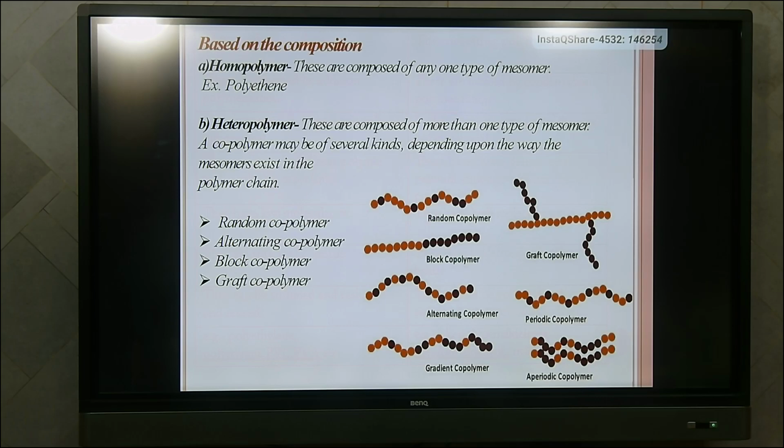Going to the copolymer, in other words heteropolymer, the monomer is different from one monomer to the other, and the two or three monomers can be arranged in a uniform format, that is A and B monomers, in whatever arrangement it can be. It is diagrammatically represented here. It can be random copolymer, alternating copolymer, block copolymer, graft copolymer.